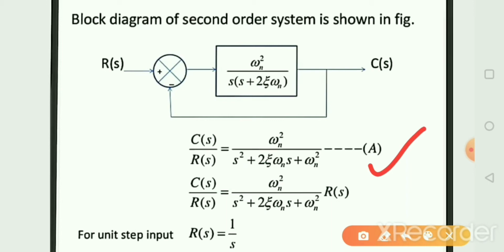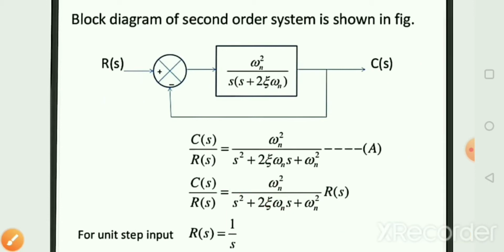Transfer function is the ratio of output to input; here output is C(s) and input is R(s). So the transfer function is omega n square over s square plus 2 zeta omega n s plus omega n square. Here the power of s is equal to 2, so this is the second order transfer function.